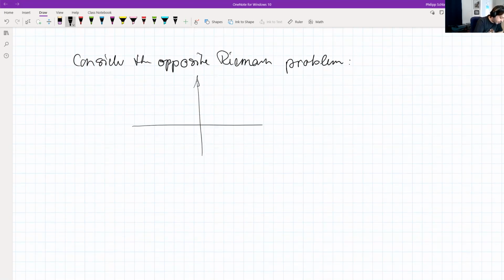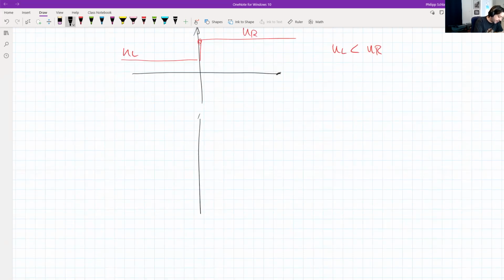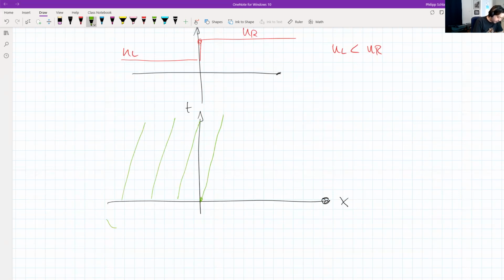I have, again, my initial condition, but now it is such that UL is lower than UR. Let me again draw the same space-time diagram where we have X and we have T here. Now UL is a little bit lower, so my slopes of the characteristics are maybe like this on that side where we have UL, and on that side where we had UR, it's maybe a bit like this.